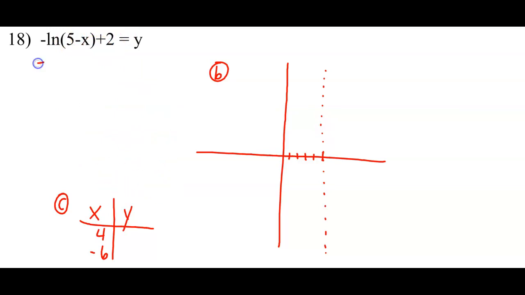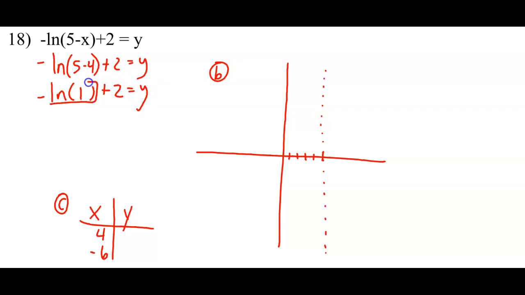So here we go. I'll start by plugging in the 4. Five minus 4 is 1. You could use your calculator for this, but log of 1 for any log is always going to be 0.